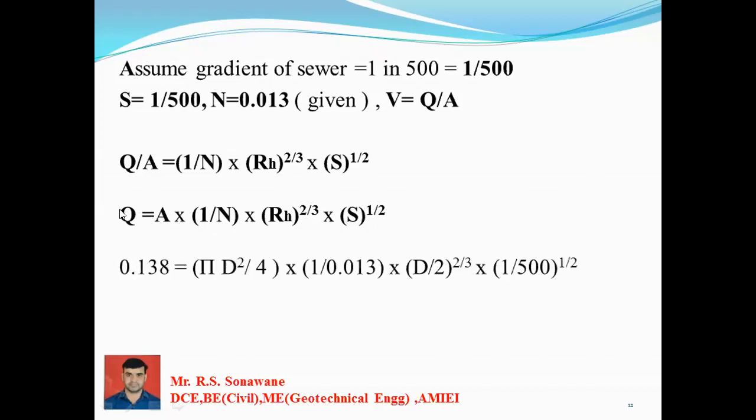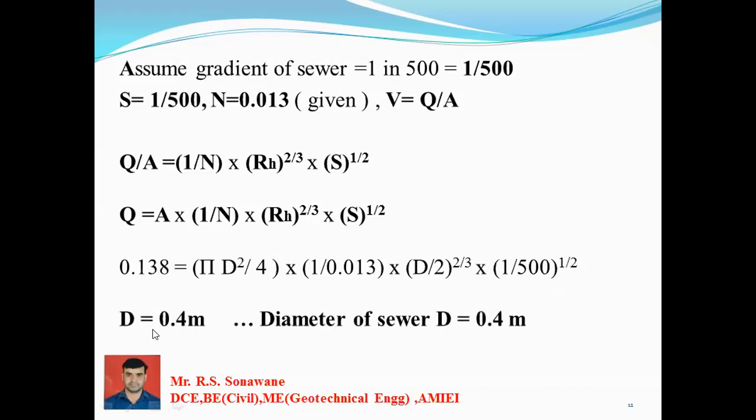That is equal to the discharge, 1.38 we already calculated, that is equal to pi by 4 into d square into 1 upon 0.013 into d by 2 raised to the 2 by 3, and the parameters were already calculated in the previous slide, and S is equal to 1 by 500 raised to the 1 by 2.